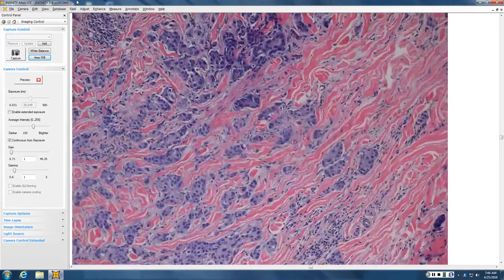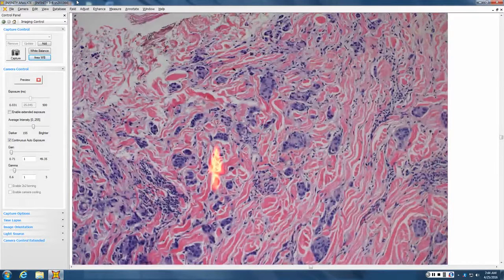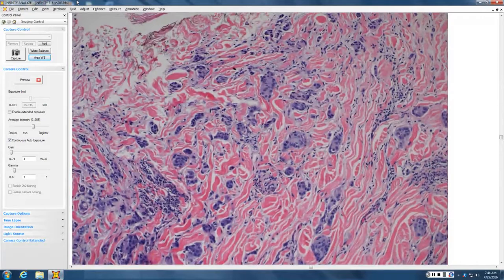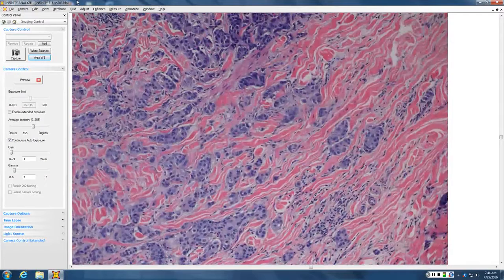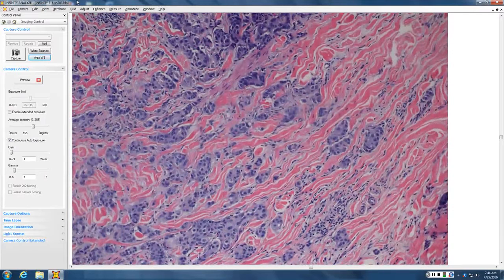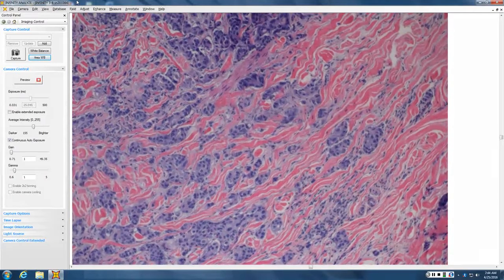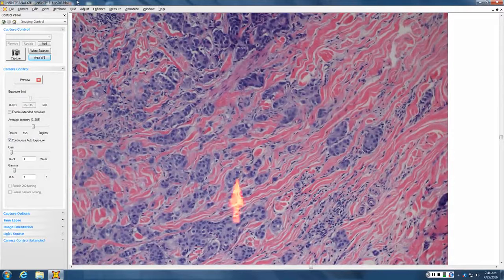Yeah, so you have large aggregates and smaller aggregates of cells that have a high nuclear to cytoplasmic ratio, hyperchromasia, mitotic figures are present, the nests are very irregular in shape, they infiltrate between collagen, there's lumen formation, so it suggests that the whole thing is in fact adenocarcinoma.